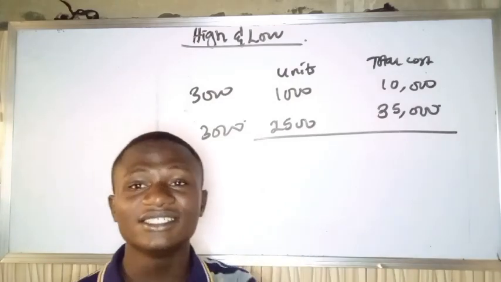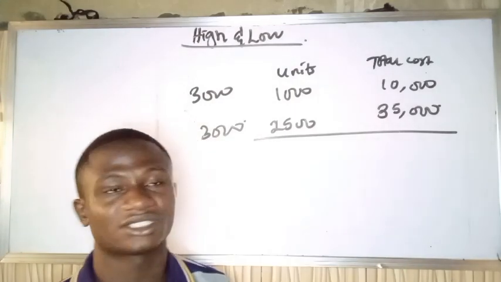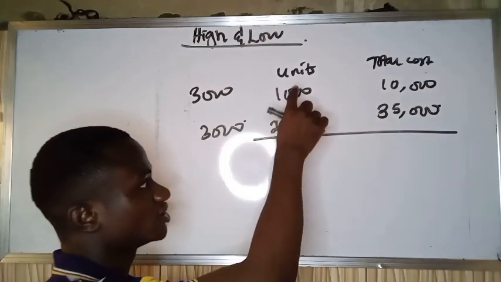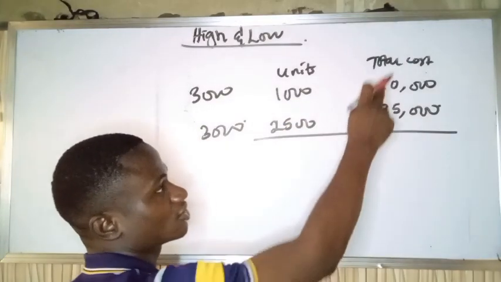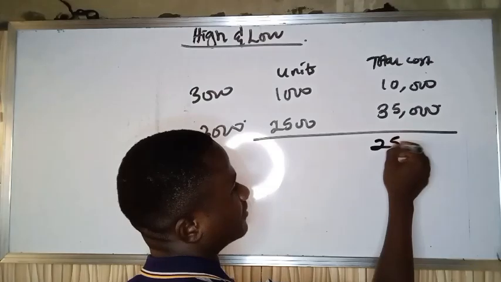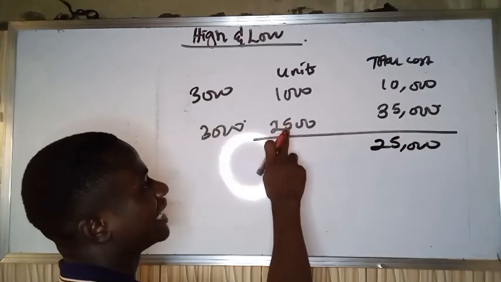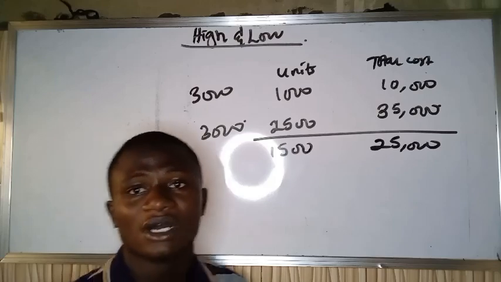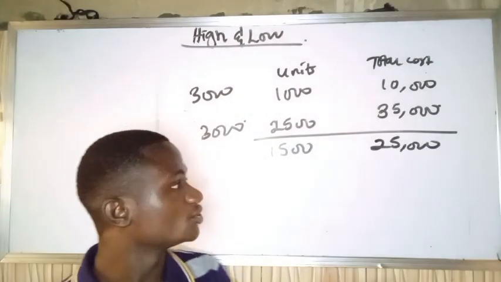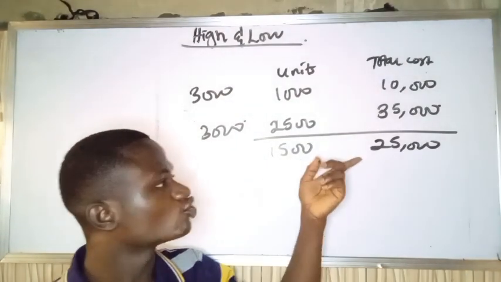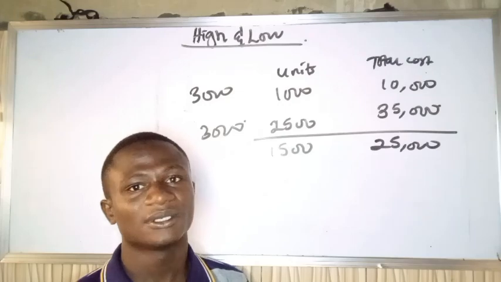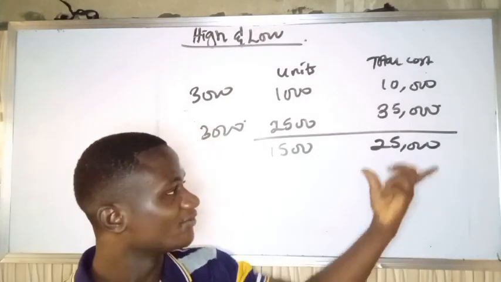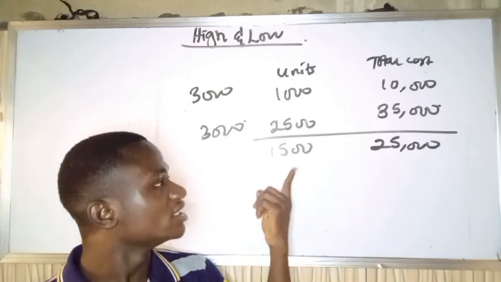Whatever you get is your total variable cost for the difference in units. Let's do it now. 35,000 minus 10,000 will give us 25,000, and 2,500 minus 1,000 will give us 1,500. So the variable cost of producing 1,500 units is 25,000. This 25,000 is just the variable cost.